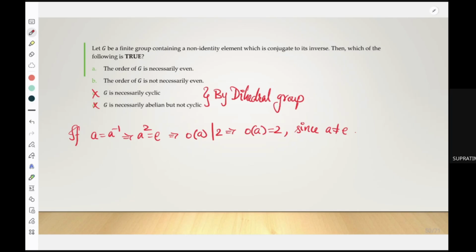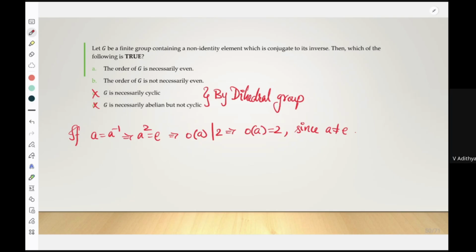Using the abelian property, we cancel those G elements, and that is why A is equal to A inverse.